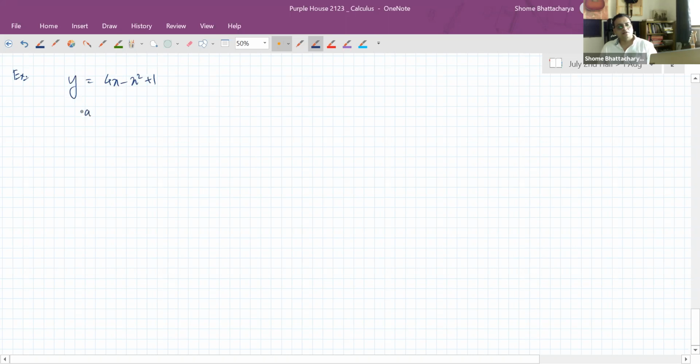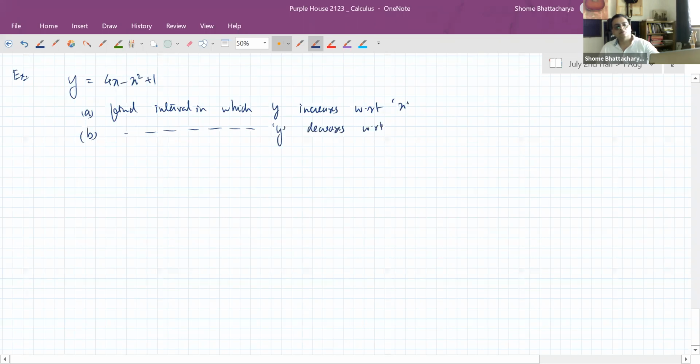We have to find the interval in which y increases with respect to x, and similarly find the interval in which y decreases with respect to x, and then we will also find local maxima or minima, if any, and we will also plot an approximate graph. Just an approximate graph we plot.